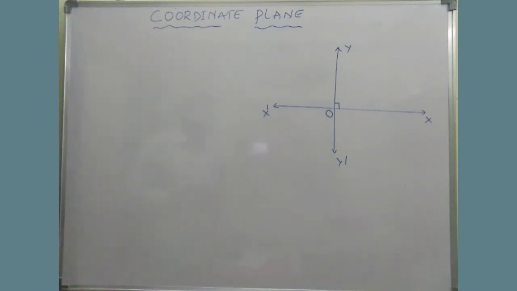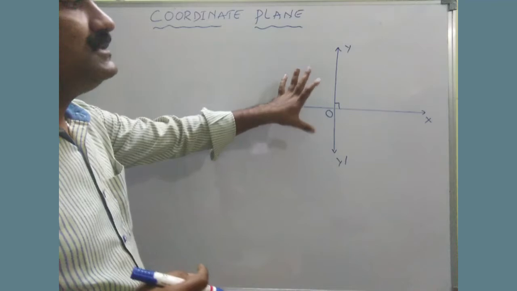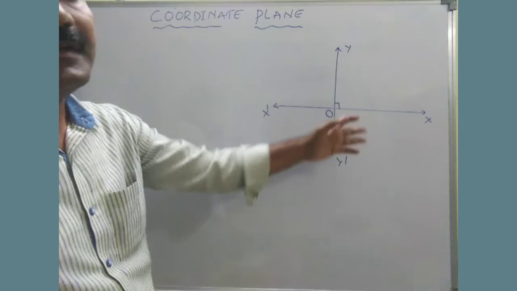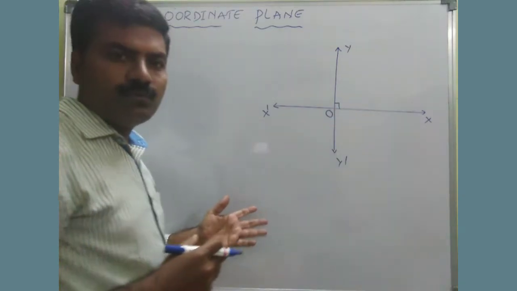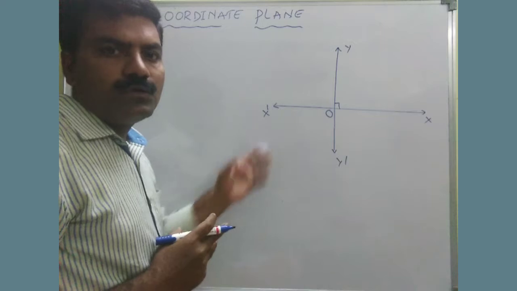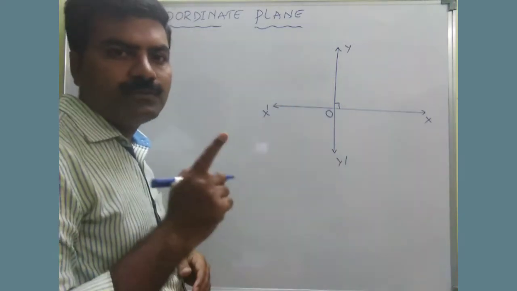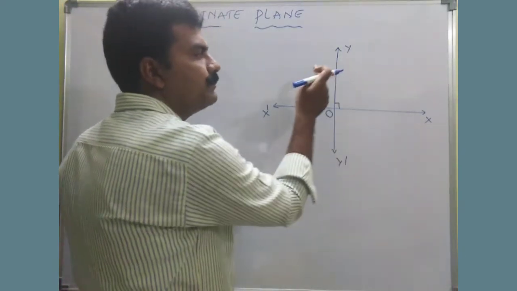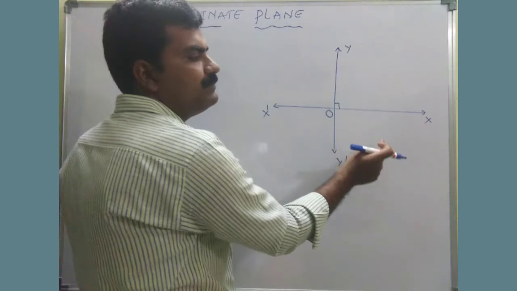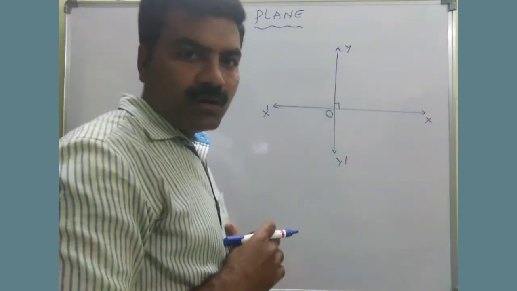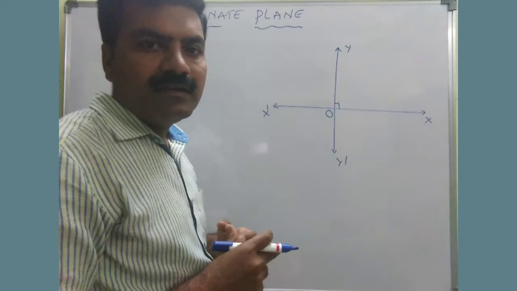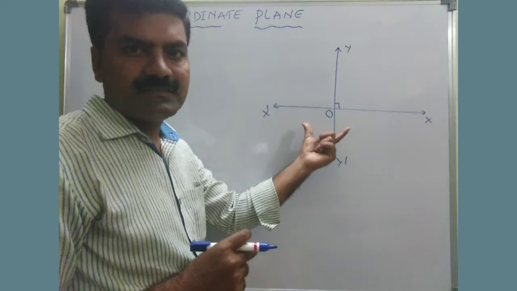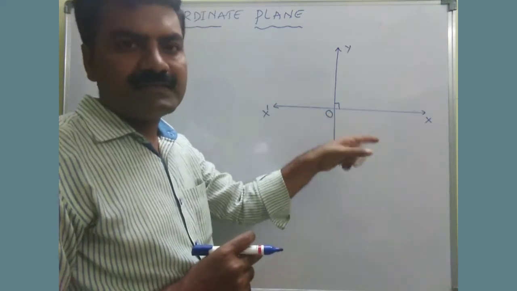Now you observe, my dear, that the x-axis and y-axis are dividing the entire coordinate plane into 4 equal parts. Part 1, part 2, part 3 and part 4. So the entire coordinate plane is divided into 4 equal parts by the coordinate axes, meaning the x-axis and y-axis.